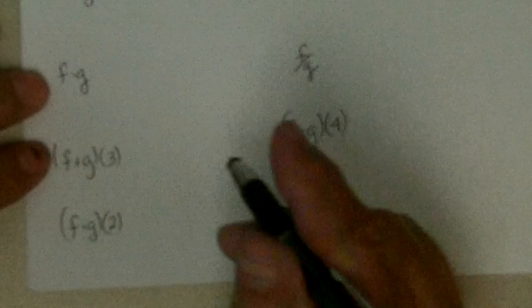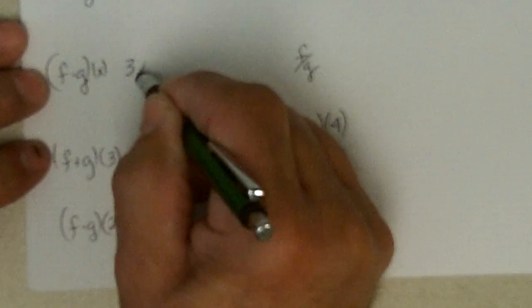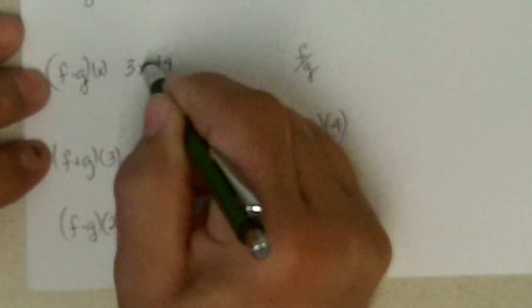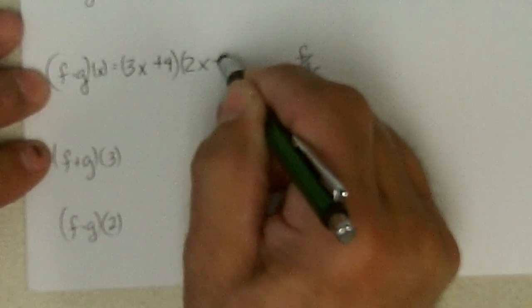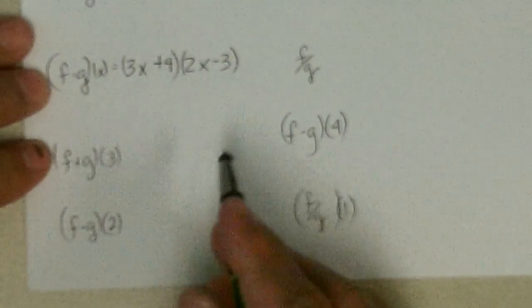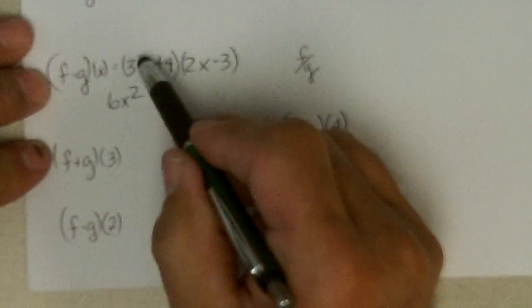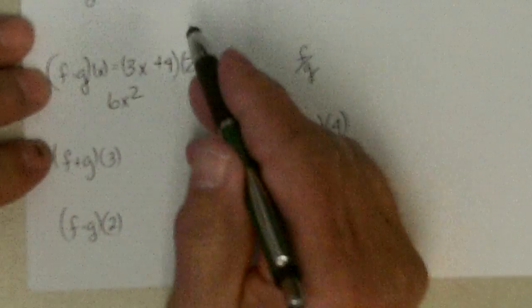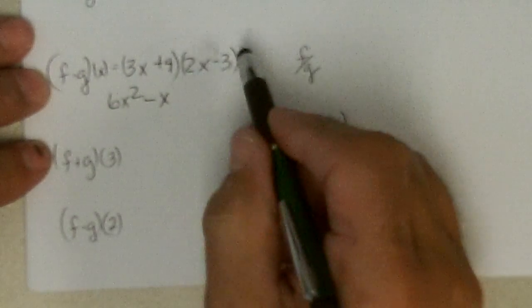If you multiply them, it would be 3x plus 4 times 2x minus 3, and if we were to FOIL this out, we get 6x squared minus 9x plus 8x is minus x, minus 12.